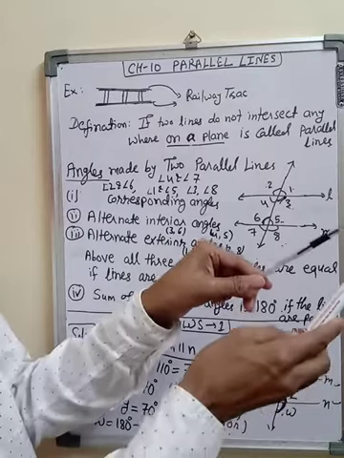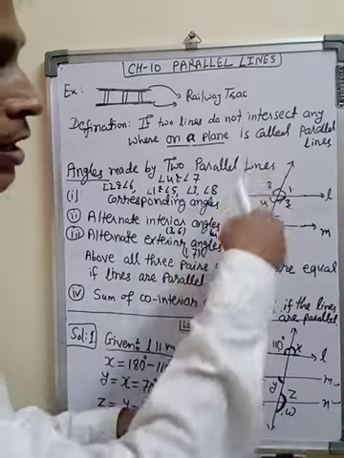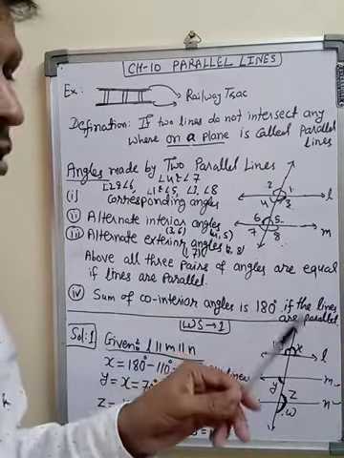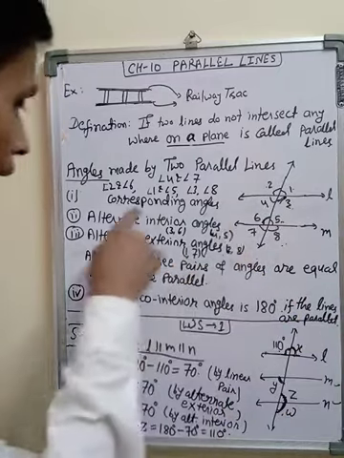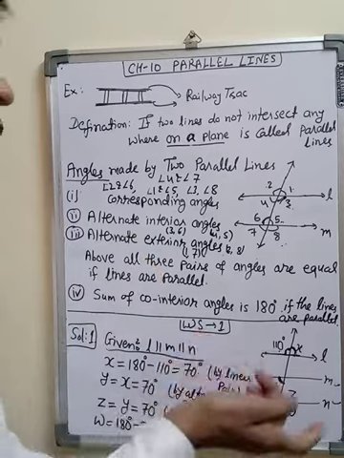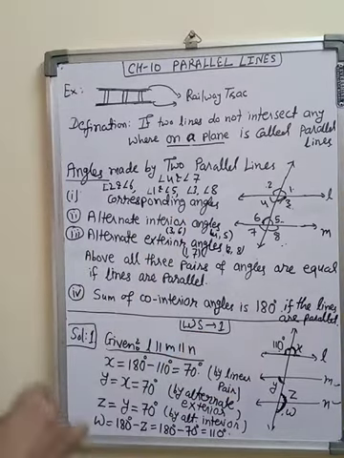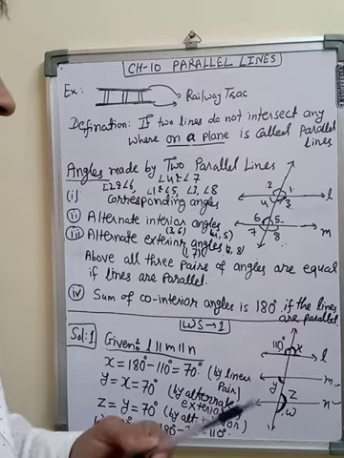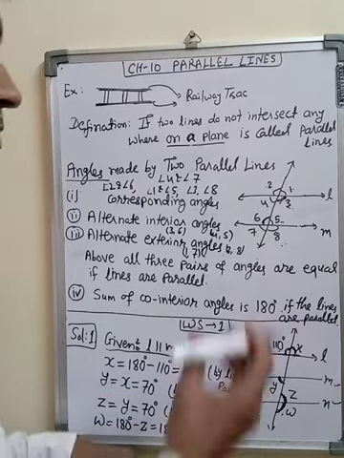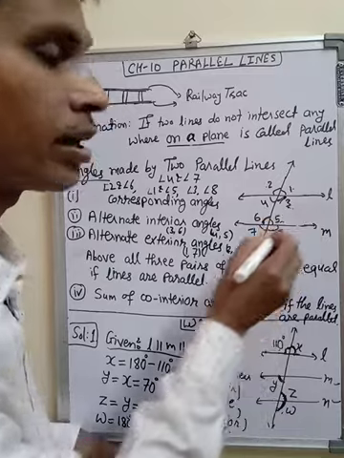If I draw like this, then also 8 angles will be formed. But if the lines are parallel, these three pairs of angles will be equal. And one more pair, a new pair which you have not learnt in class 6: angle 3 and angle 5.